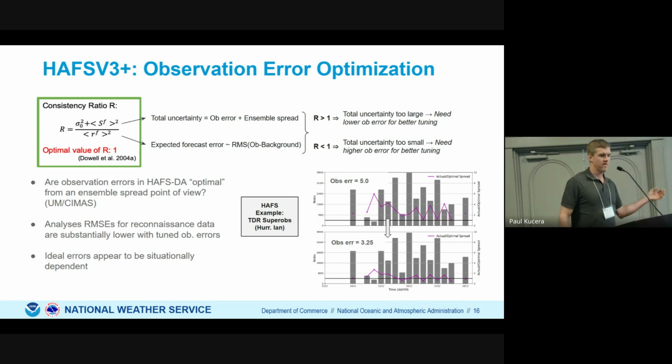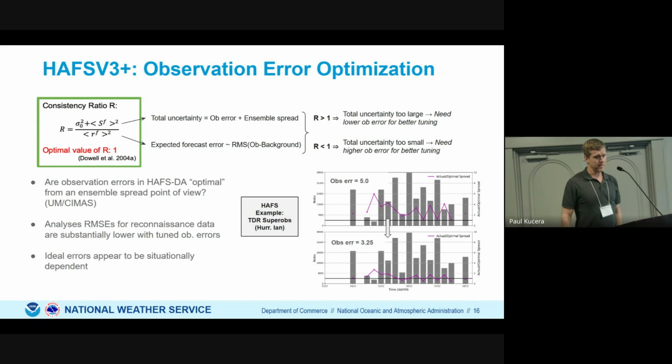It's a ratio of your observation error to your observation space spread in your ensemble. And without going into all the details here, they should balance each other out, right? And if that ratio is proper, it should be about 1, right? So it turns out that they weren't balanced in HAFS, and I think we feel like it was causing some problems.